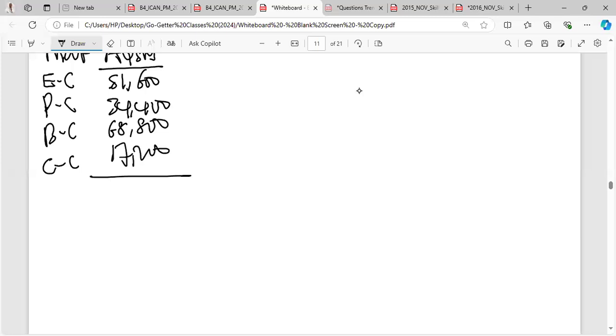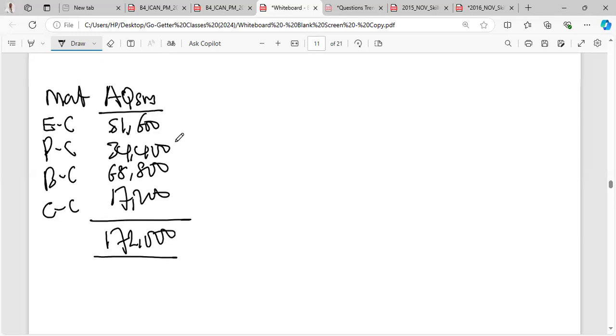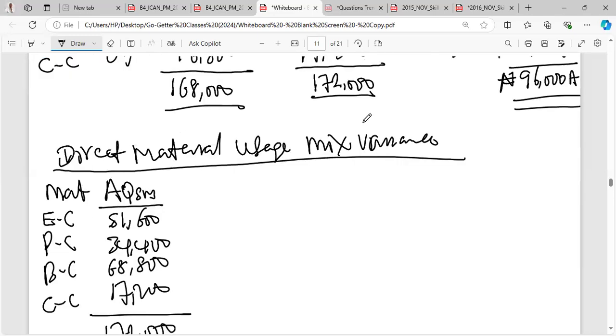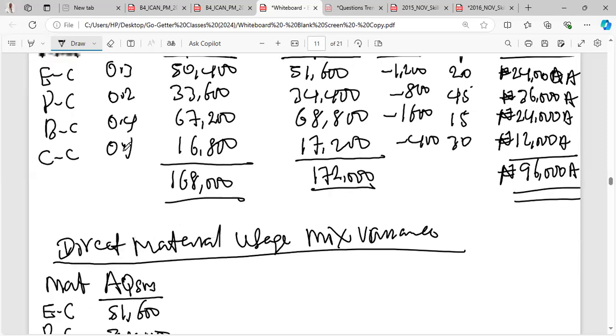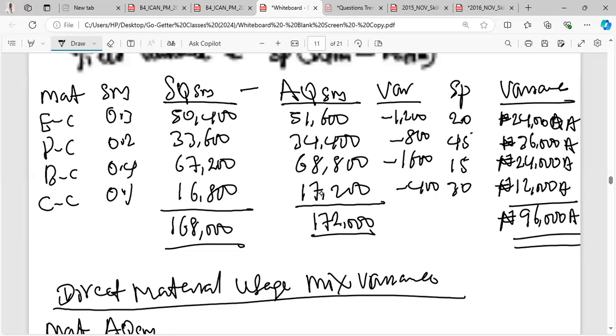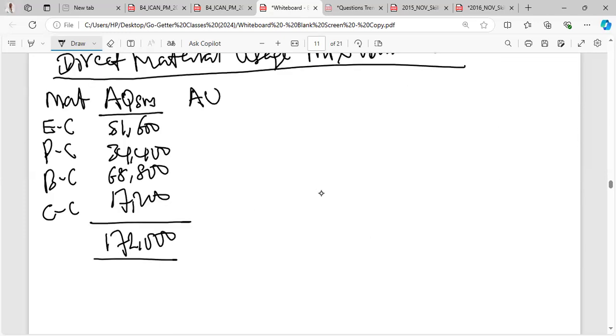Everything will give me 172,000. So this is your actual quantity at your standard mix, because we used our standard mix to calculate this. Then we have our actual quantity, actual mix, and that's what is given to us in the question.